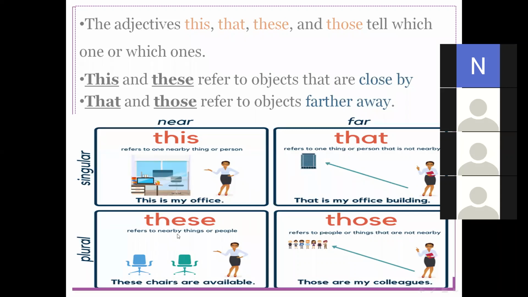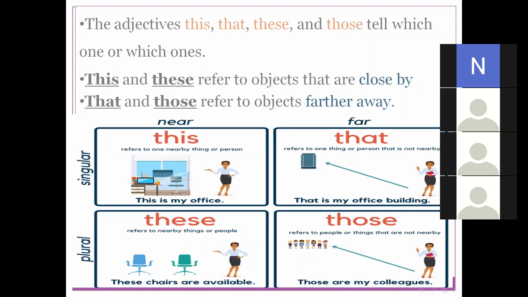Now, those. We use those with what? To refer to far objects. When we have something far from us and it's plural and I have more than one, I will use those. Those are my colleagues. Colleagues means the people who are working with me. Or you can say, those are my friends.